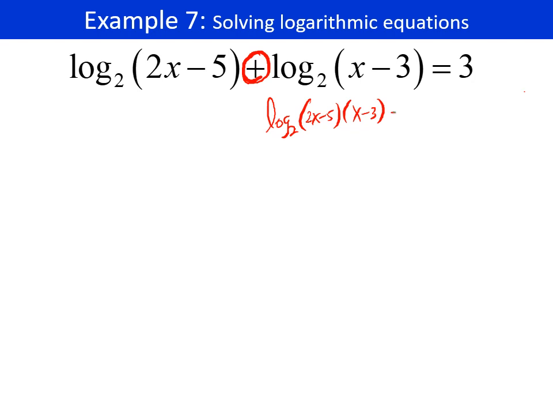You can review the properties of logarithms from an earlier section. Now we can convert from logarithm form to exponential form. Here's the base. The logarithm is the exponent, and then the other number is actually the other stuff.